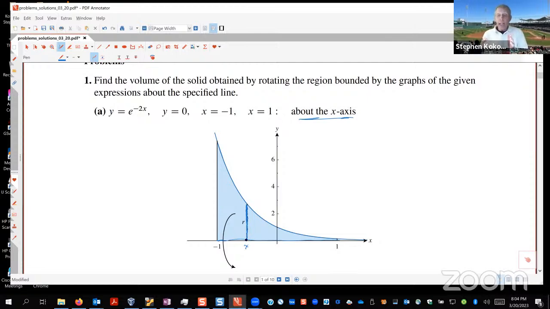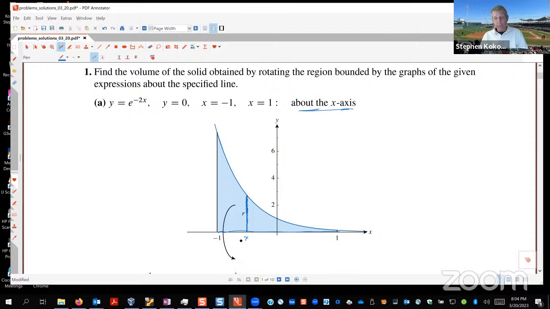And I notice that that radius is perpendicular to the x-axis. Since it is, that says to me that this is going to be a dx problem. I'm going to be integrating with respect to x. All of that I do before I even try to set up a definite integral, all part of my problem-solving technique to make these a little bit easier.